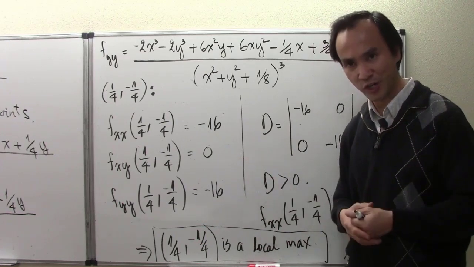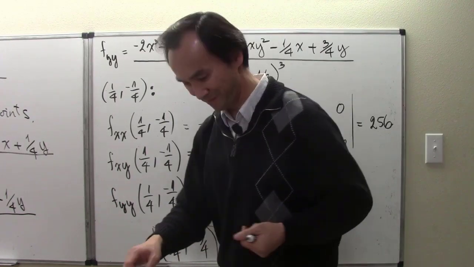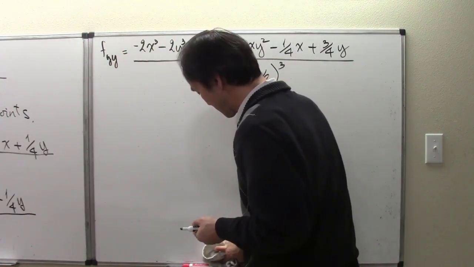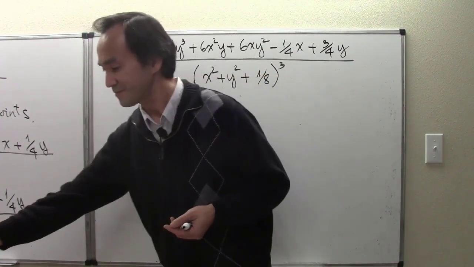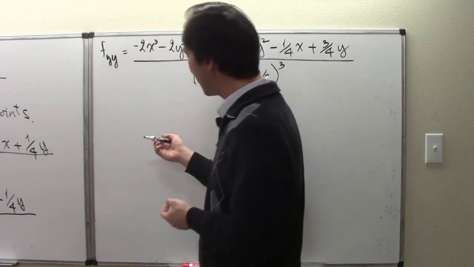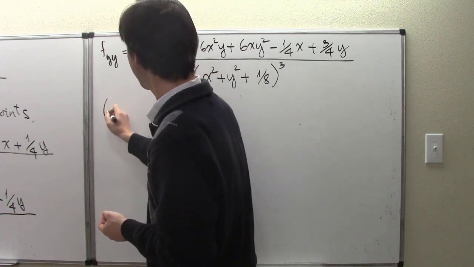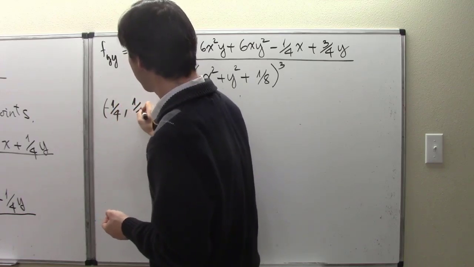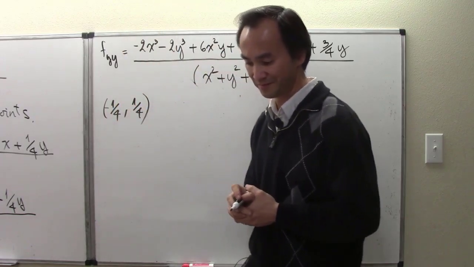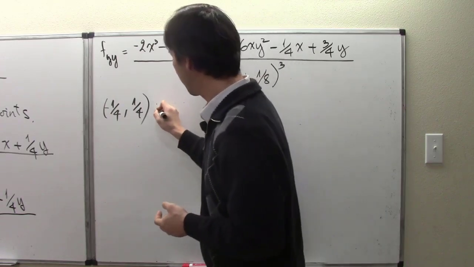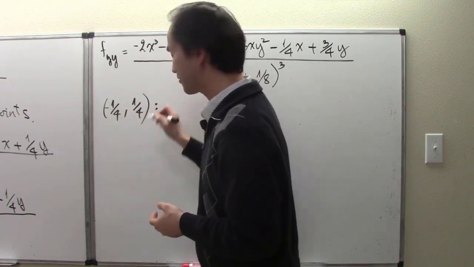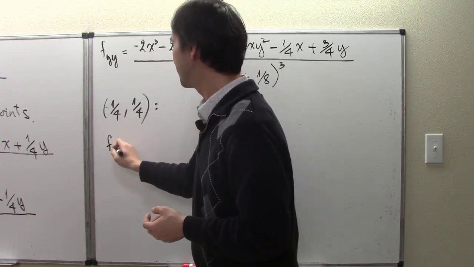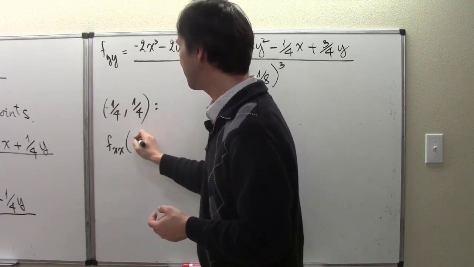We have one more point to go. The other point we have here is the point at negative 1/4 comma positive 1/4. For this one, in order to test and classify it, I'm going to substitute that into f sub xx.